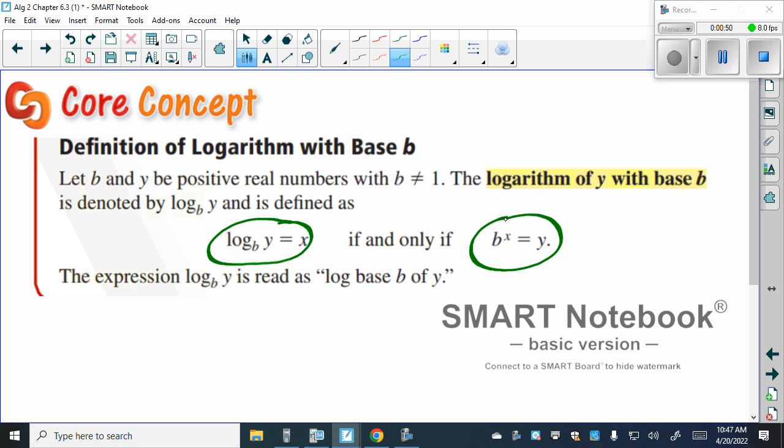So log base b of y equals x if and only if b to the x is equal to y. And b cannot be 1, because that really doesn't mean a whole lot. And b cannot be 0. We don't deal with log of 0.